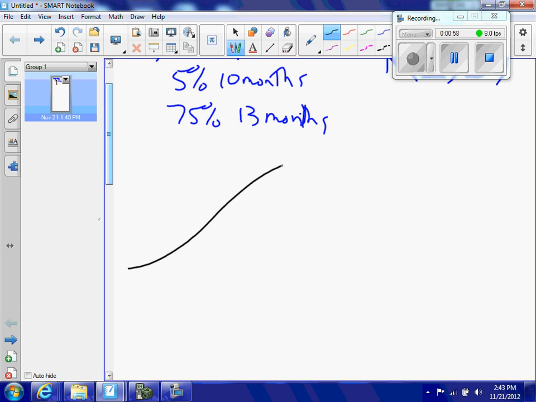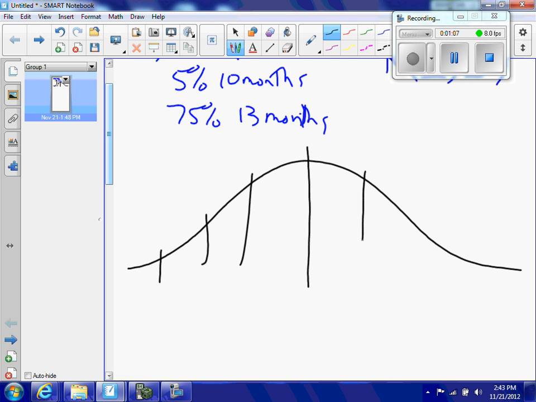Here's my normal model. I have some mean, which is as yet unknown. 1, 2, 3 standard deviations to the left. 1, 2, 3 standard deviations to the right. Now, one thing I know is that from my second standard deviation negative to my second standard deviation positive, it encompasses 95% of all my data.